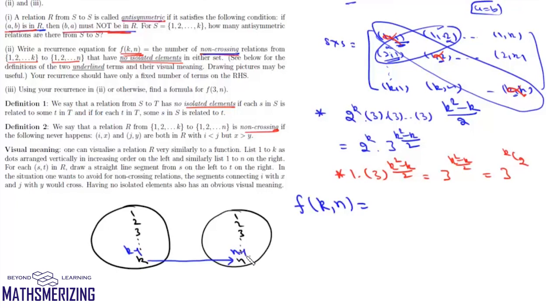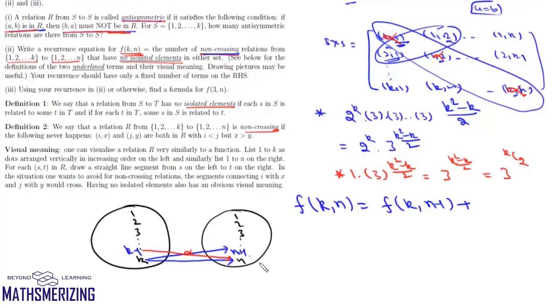For this relation to be non-crossing, 3 possibilities exist. First possibility is when this k is mapped to n minus 1. Then we have our first case, and there will be F(k, n minus 1). Now suppose this k is not mapped to n minus 1, but this k minus 1 is mapped to n.